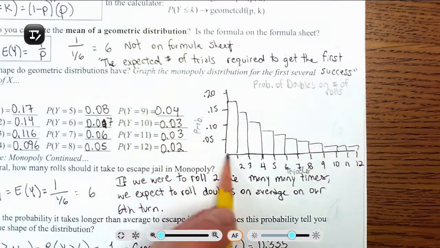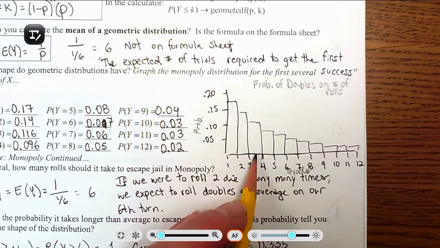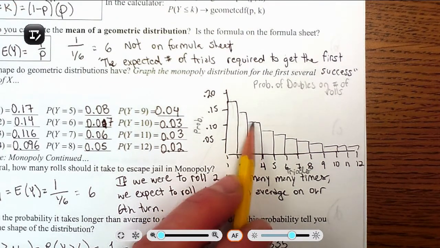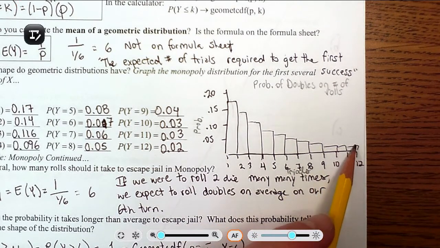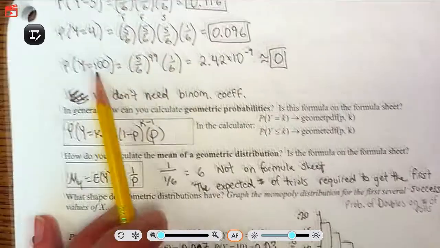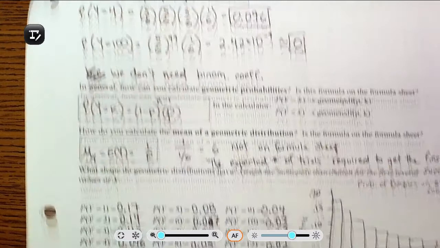So if you got doubles on the first roll, it's most likely, and then the second roll it's a little less likely. Then not getting doubles until the third roll is a little bit less likely. Not getting doubles until the 12th roll is quite a bit less likely. Not getting doubles until the 100th roll is quite unlikely.